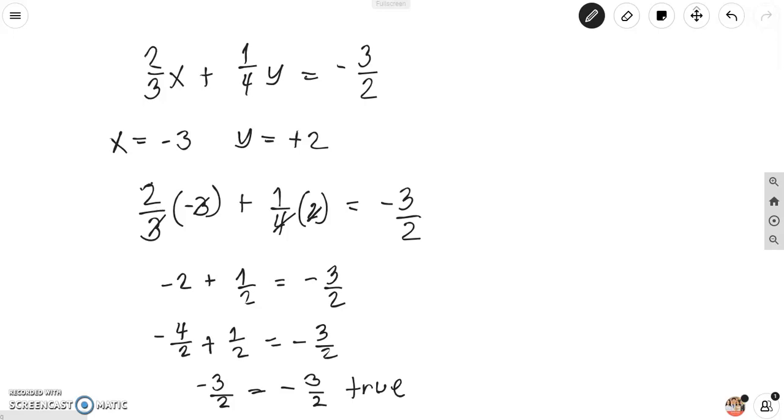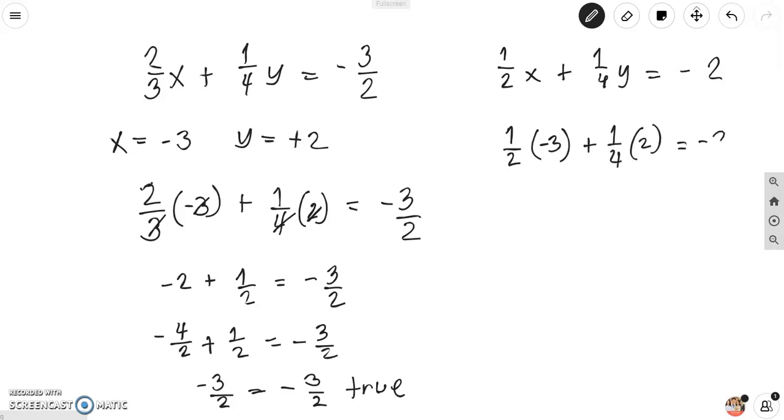The other one, we have 1 over 2x plus 1 over 4y equals negative 2. So therefore we will have negative 1 over 2 times negative 3 plus 1 over 4 times positive 2 equals negative 2.